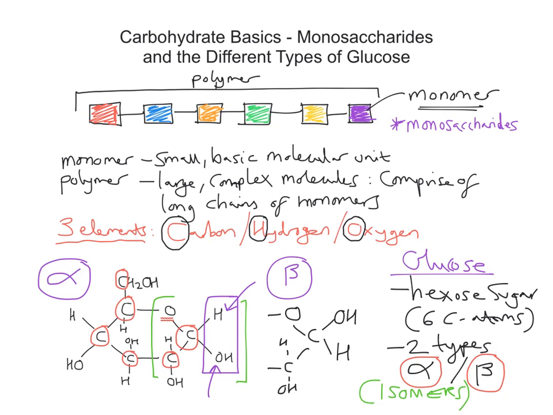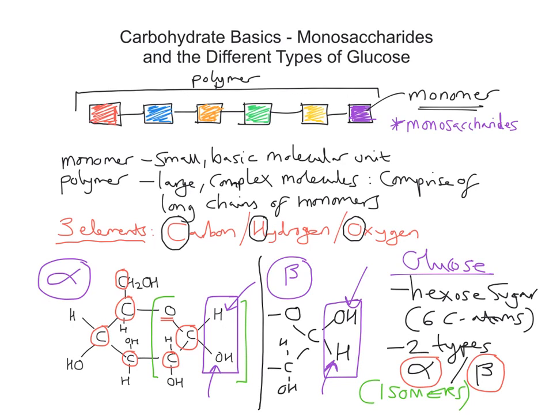So I've just drawn that out for the beta glucose. We'll just separate that off for a moment. But you'll notice what I've done is swap these 2 around. I've got the hydroxyl group this time at the top and the hydrogen at the bottom on this image. That is simply the difference between the alpha and beta glucose molecules. So alpha has the OH at the bottom, the beta has the OH at the top. That's the only difference between the 2, and that's all you'll be asked in an exam.